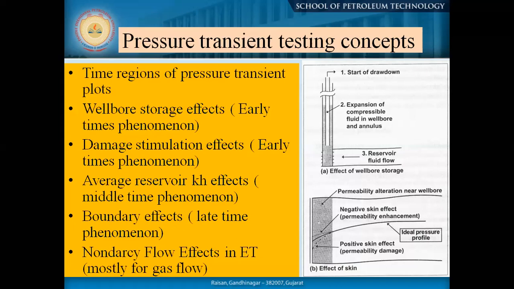Then once we conduct the test for a longer period, it may move further away and we try to understand the boundary condition. Is there any support system boundary, is it a fracture type of reservoir, or do you have parallel faults, or maybe an intersecting fault? All sorts of things we could get from the well test.